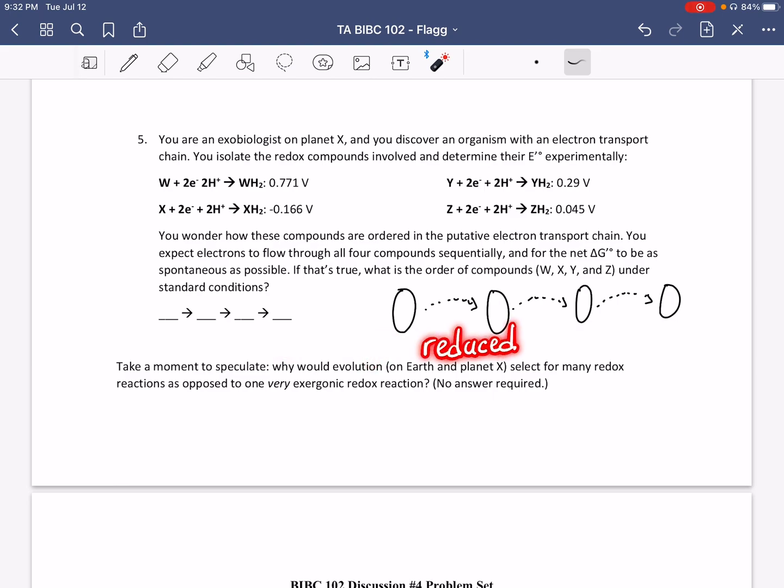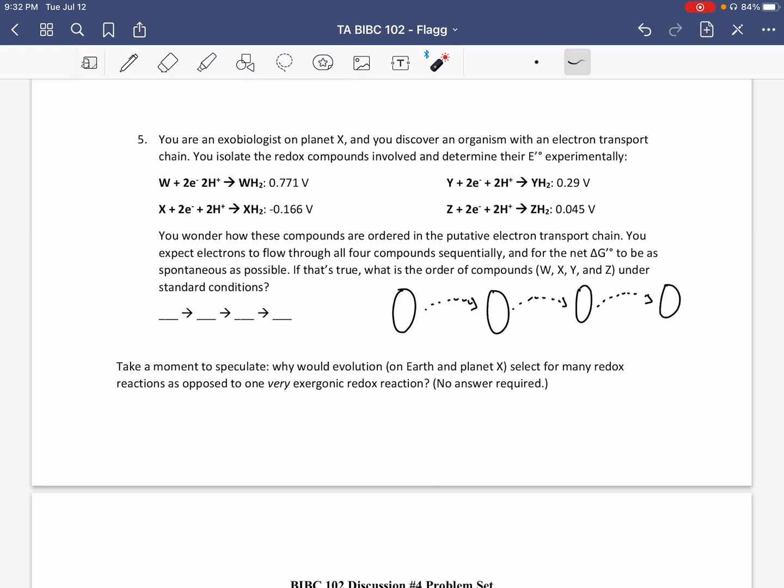That is my very simplistic way of explaining that the compounds or molecules that have an E prime naught of a large positive value, they are wanting to be reduced more than another compound that has a less positive E prime naught. If you remember that, this will solve all of your problems with questions like these.